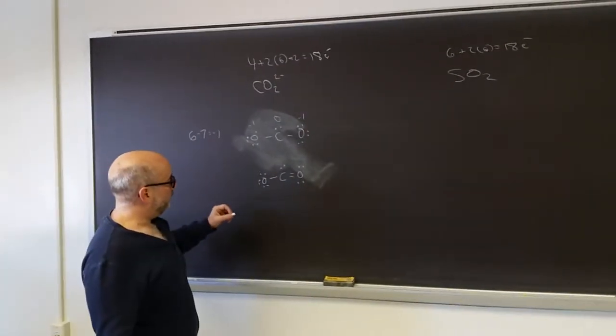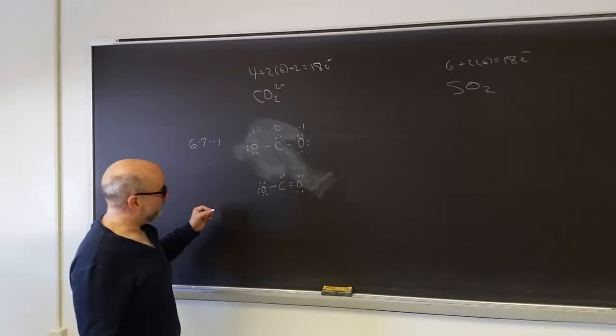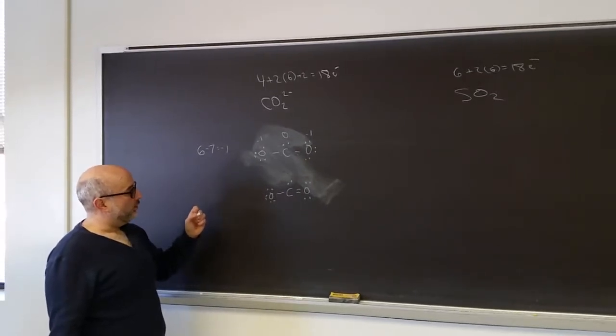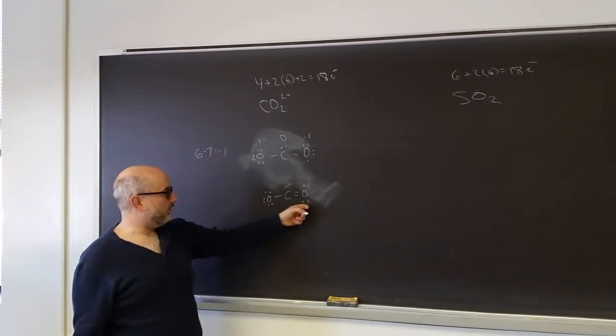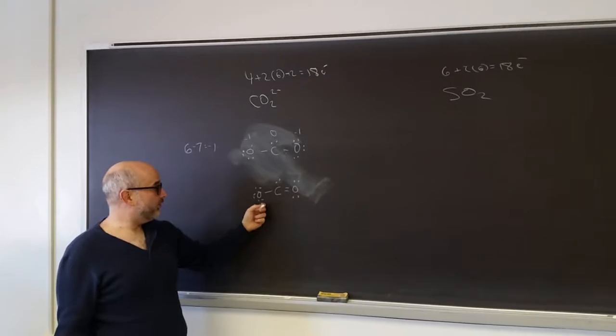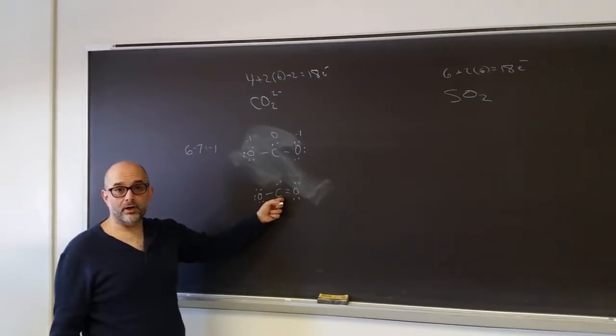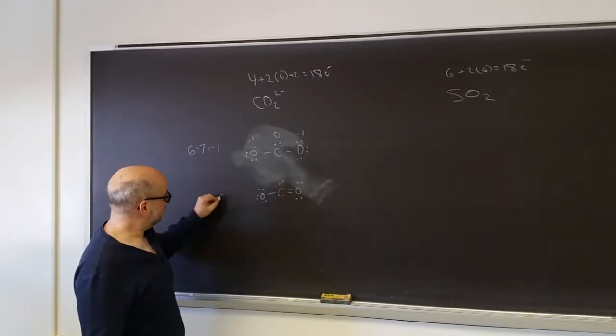Now, has this improved? Both of the oxygens still have 8 electrons by octet counting. The improvement here is that we now have a full octet around the carbon.